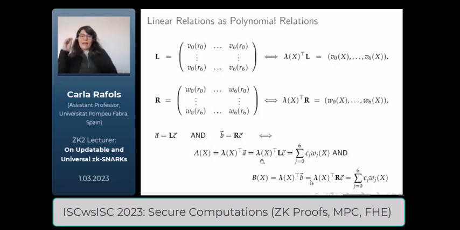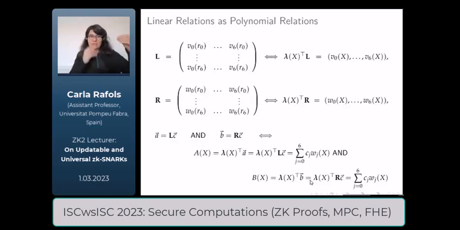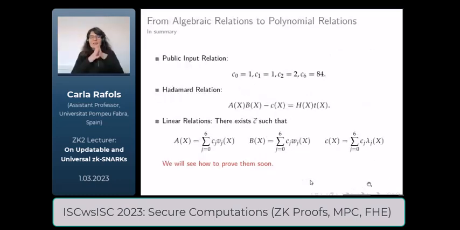So anyway, the point is that now I have these linear relations and I translate these linear relations into a problem about the columns of the matrix L or the columns of the matrix R with the same coefficient C.